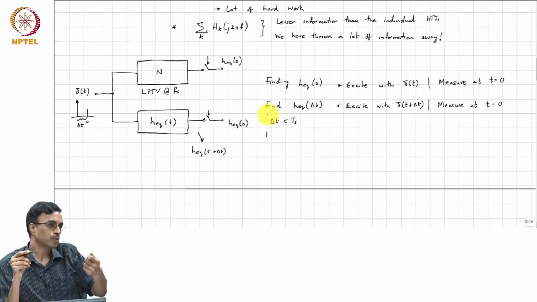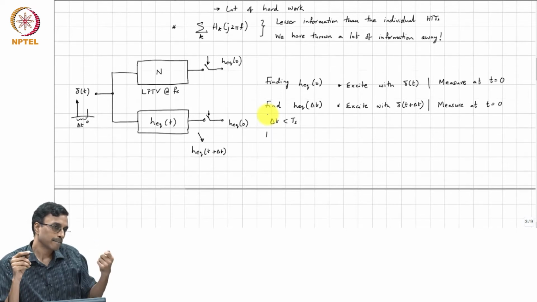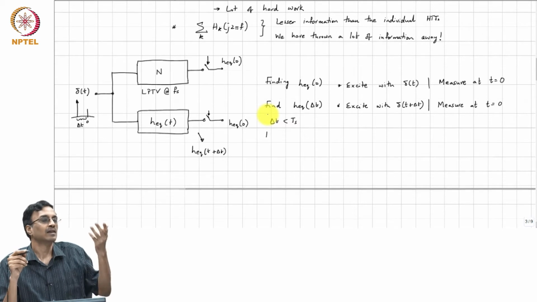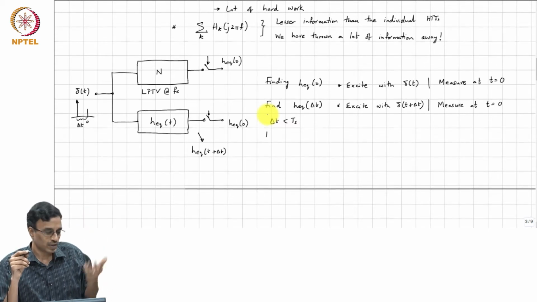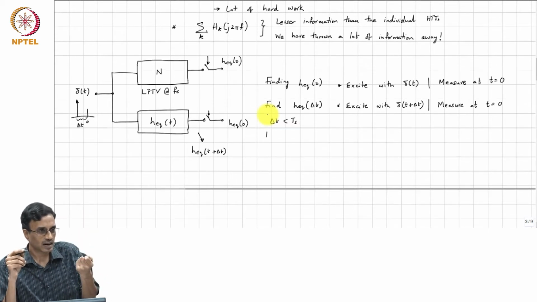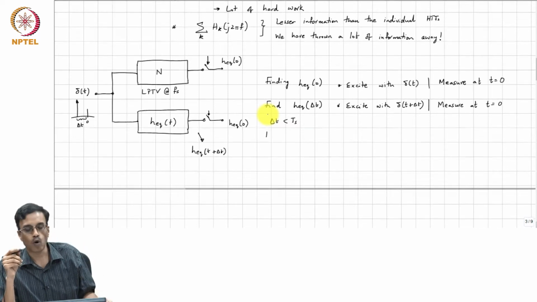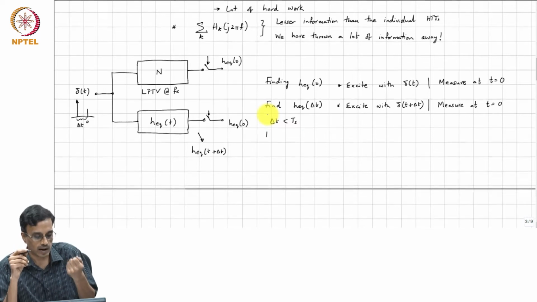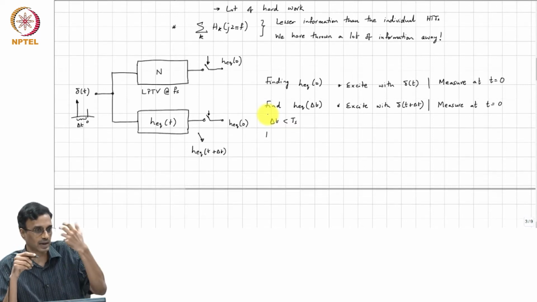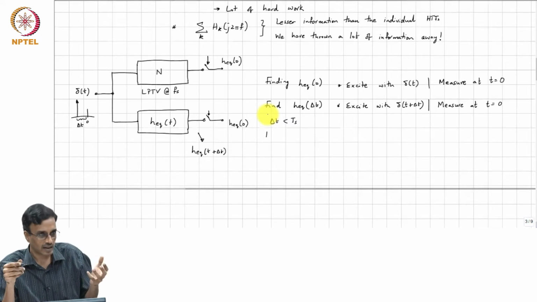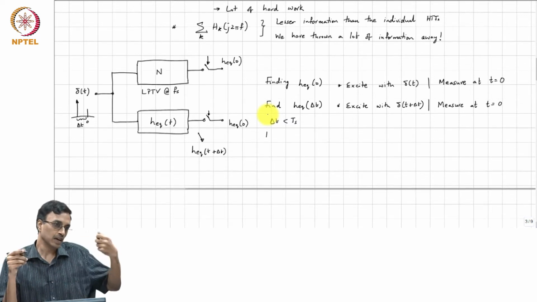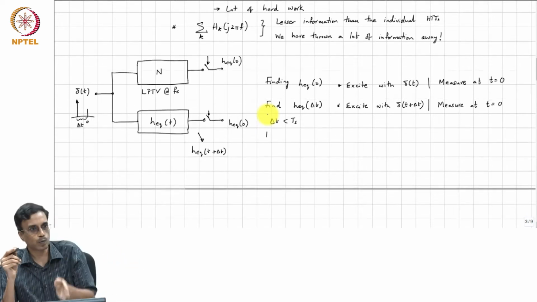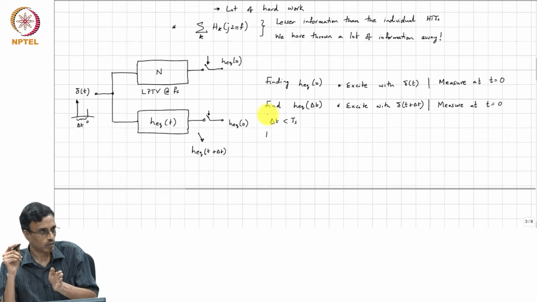You apply the input impulse at Ts before 0, which is delta of t plus Ts, therefore you apply the impulse at minus Ts. If you want to find the impulse response H of t at a particular time Ts, then you apply the input impulse at minus Ts and sample the output at 0.